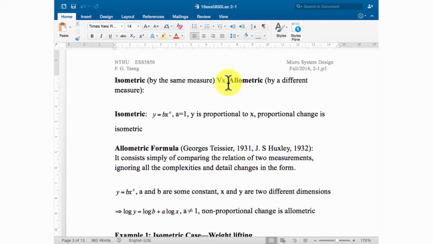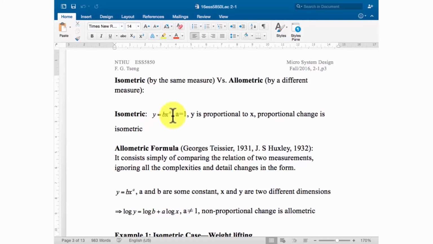It may be lengthened, stretched, or maybe become fatter, because you blow up in different directions with different ratios. This kind of system we call the allometric system. If we put it into an equation, we can write y equal to b times x power a.